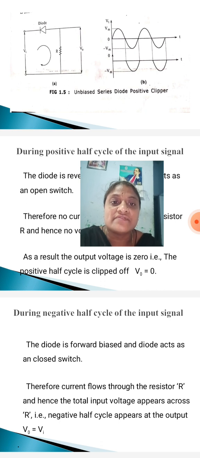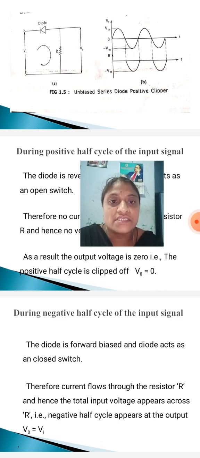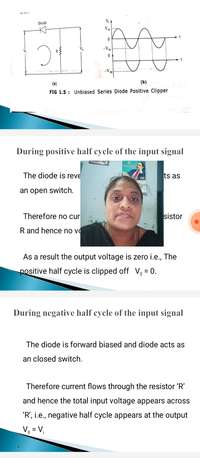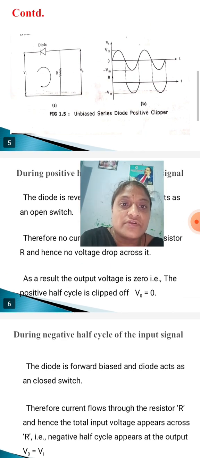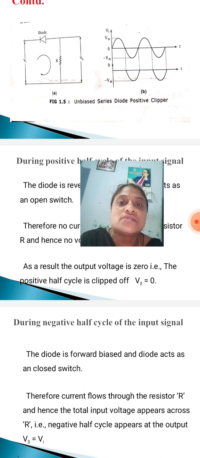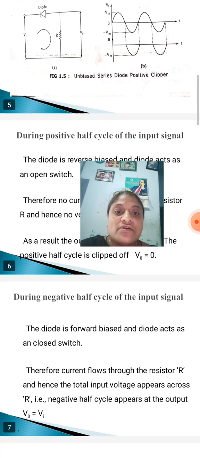Therefore, the output voltage V0 is equal to the input voltage Vi. So this is the unbiased series diode positive clipper.